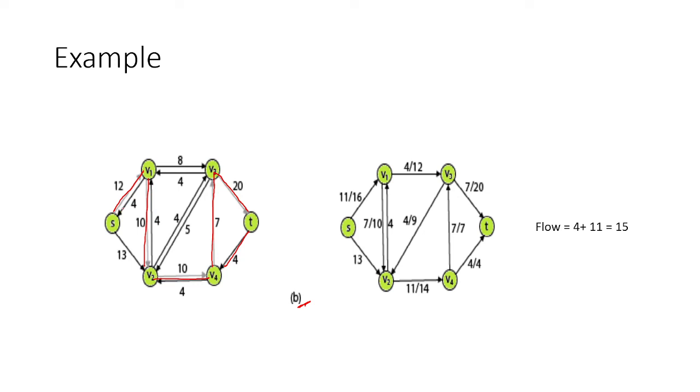For the backward augmented path, the value of the path will be 4, and the minimum capacity of the path will be added. The bottleneck capacity will be 11. For every edge of the path, the value will be added: 4 will be added. So 12 plus 4 equals 16.